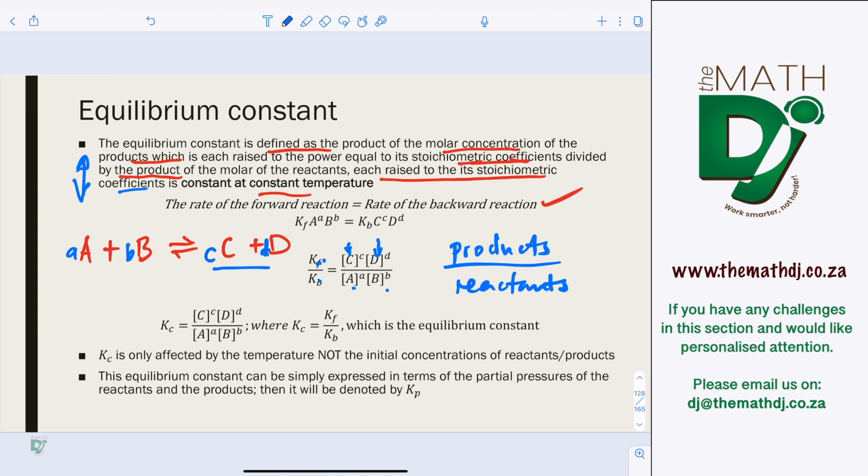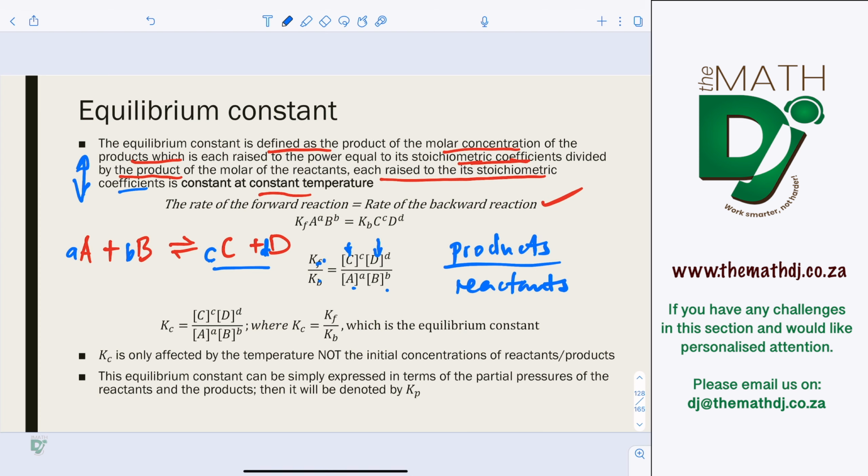If you change the temperature, it will affect the reaction rate. That's why the Kc, the equilibrium constant, will change. When it's a different temperature, the equilibrium position may change. Maybe at a certain temperature the equilibrium will happen here, and for this one it might happen here. So it will affect the equilibrium constant. That's why it is important to notice that we are dealing with constant temperature.